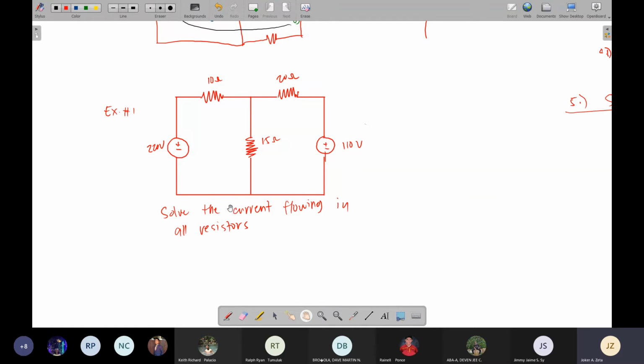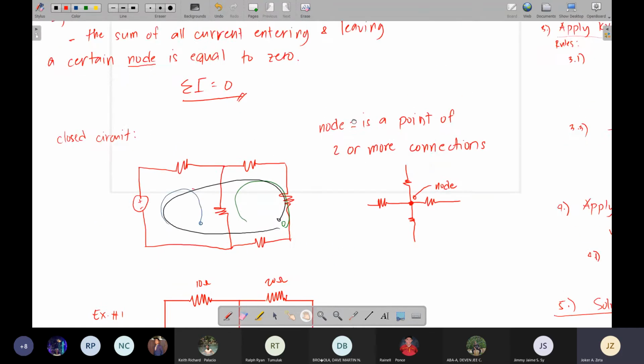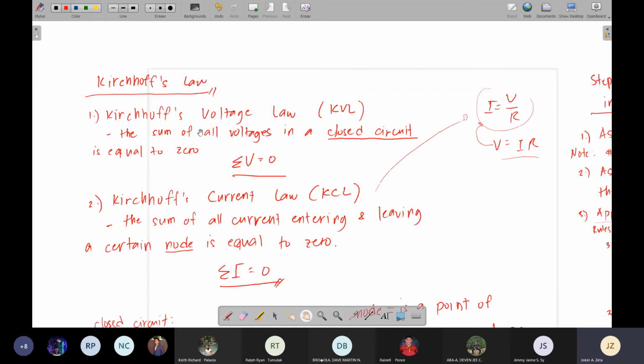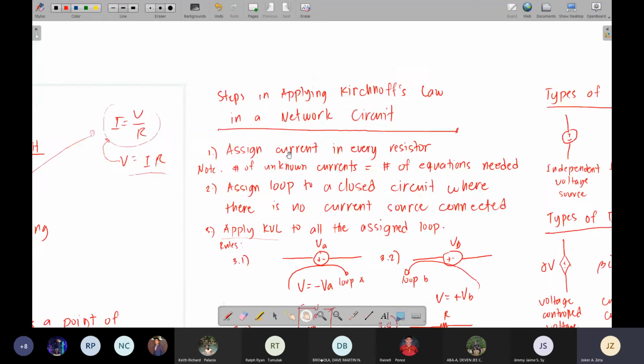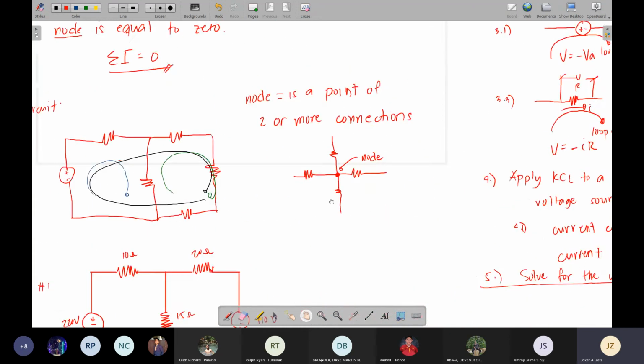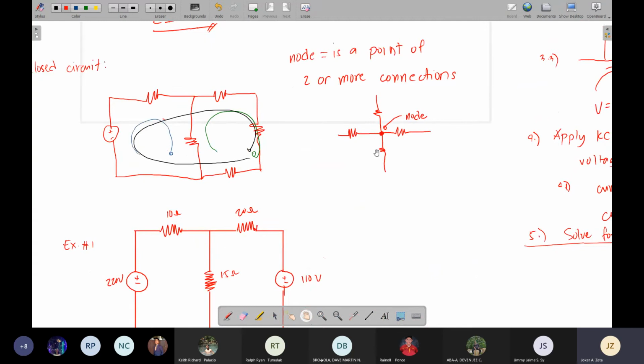So, step number 1, assign current in every resistor. So, kada resistor, kailangan ma-assign na nimo og current. So, let's say, for example, kaning resistor, going to the right, butang tag, this is I10.